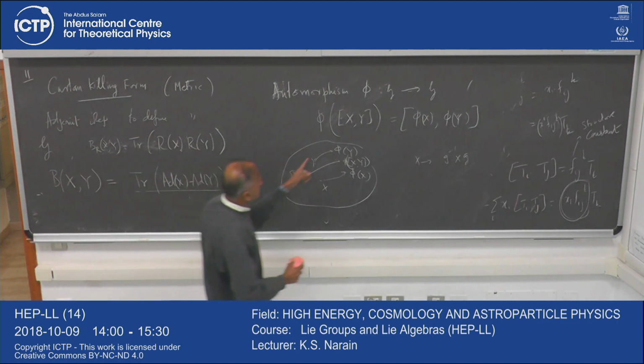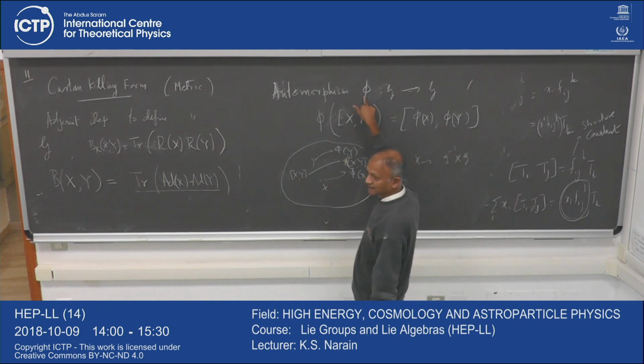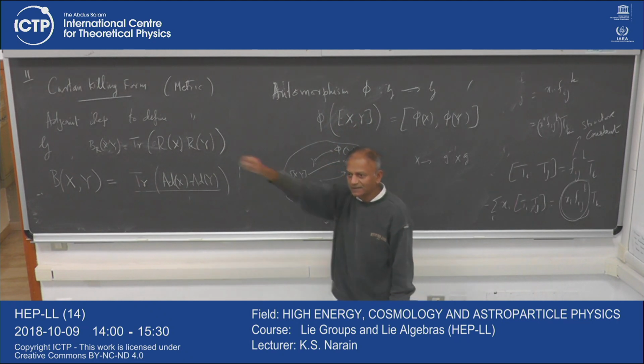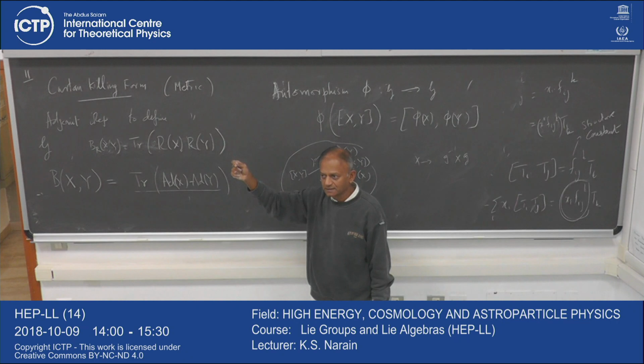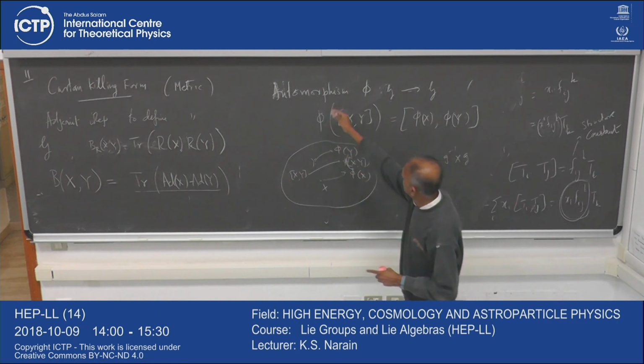And you want this condition, and of course an automorphism also means that this is a one-to-one map, meaning phi inverse exists. In general, if I give you a map, the inverse may not exist.